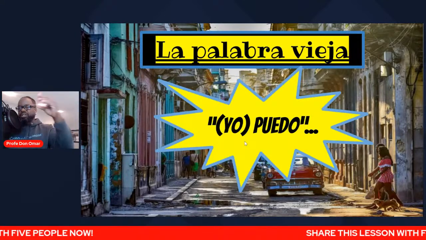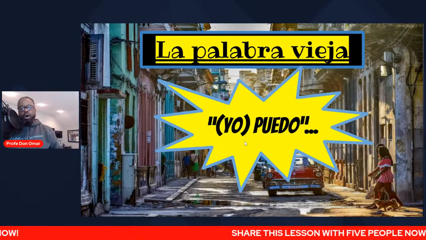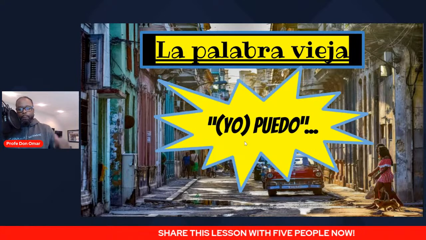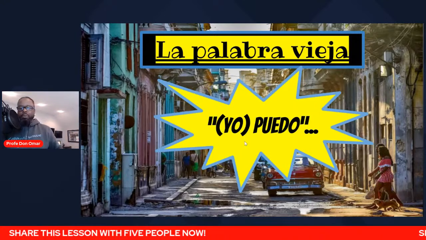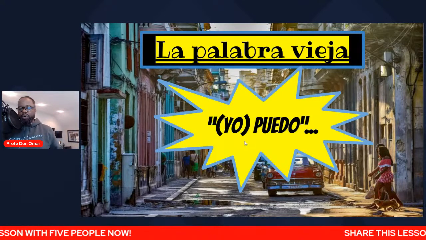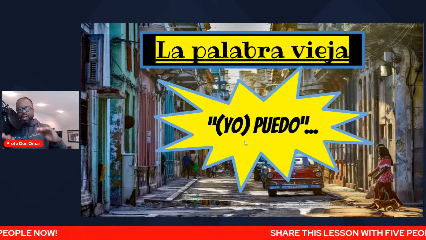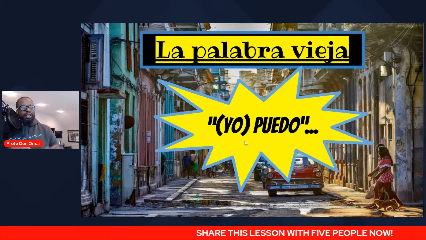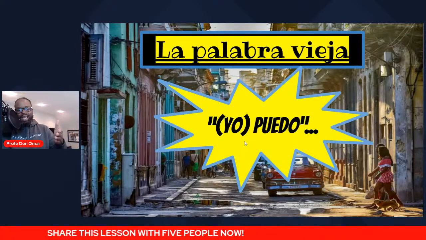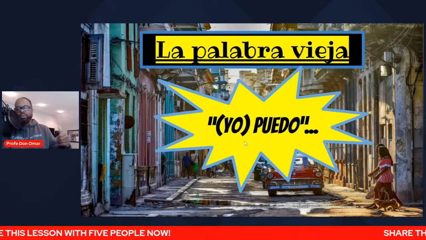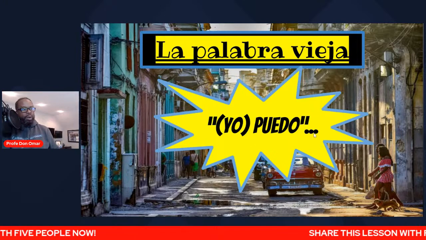That gives us the clue. Oh, that person's asking me a question. Puedo leer la información, right? Or puedo leer la información. So you want to know that rise in intonation that lets you know, oh man, this is a question. So puedo can simply be I can in a statement, and puedo, can I, en una pregunta, in a question.